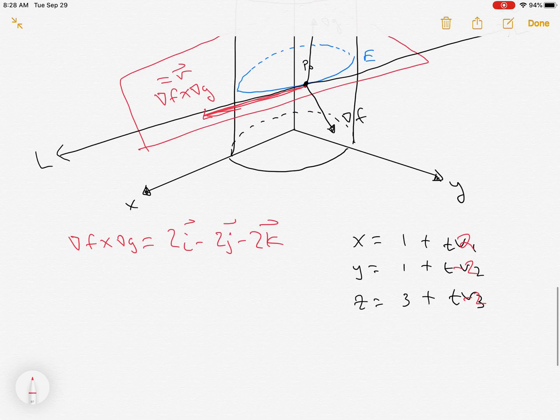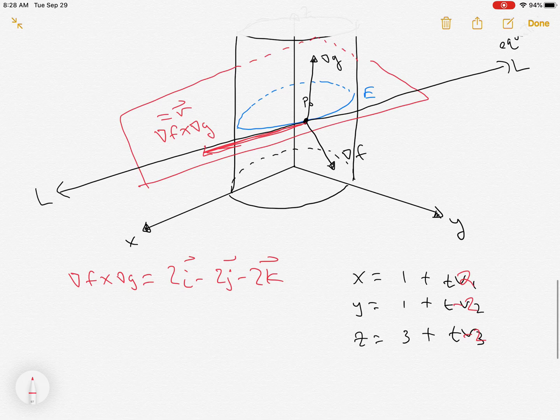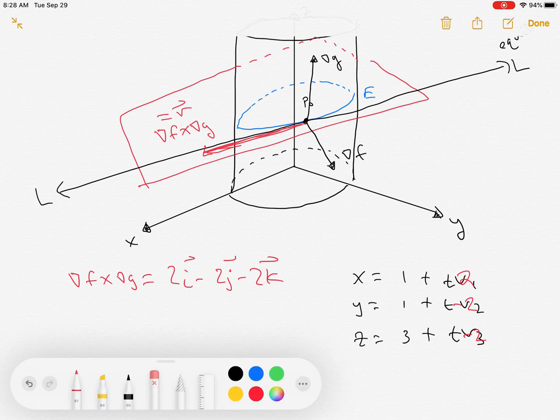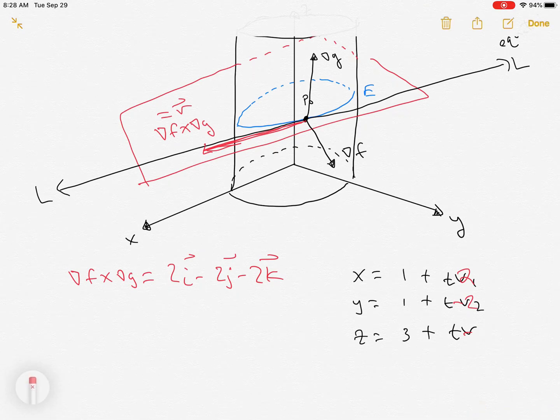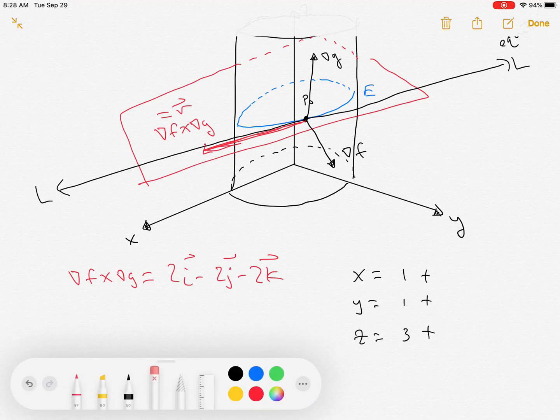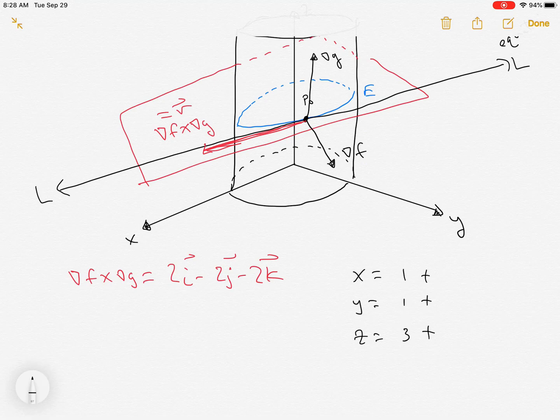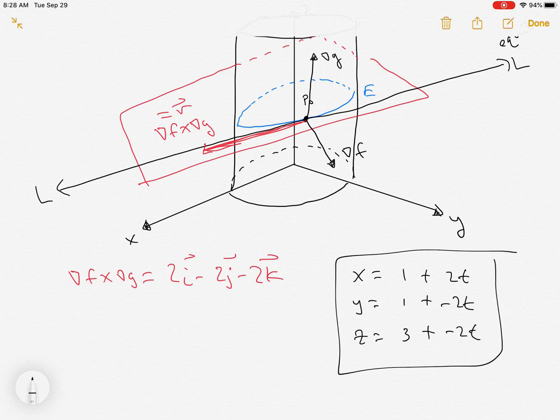So let's make that prettier. I want to leave it all up there though, so I'll use some erasing. So it's 2t, minus 2t, minus 2t. And there's the equation of the line. This line L here.